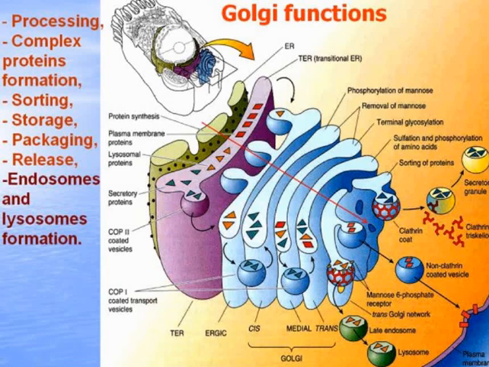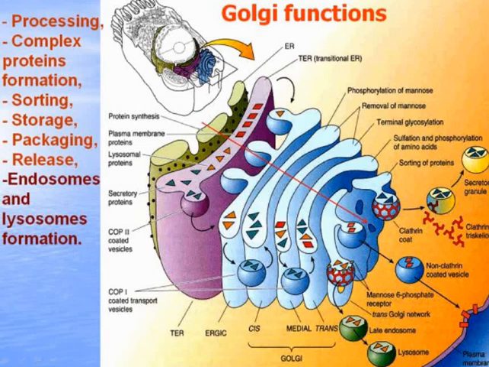And there is phosphorylation, removal of mannose, glycosylation, sulfation, and phosphorylation of these compounds. Sorting into 3 groups of substances. Storage, accumulating before release from the cells. Packaging into membranes. And release when necessary.